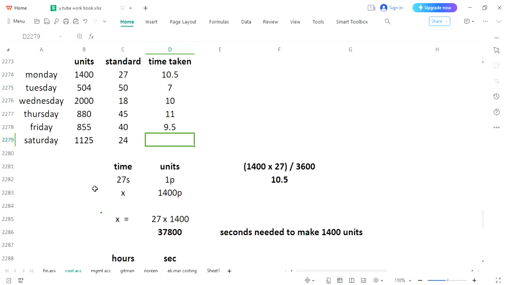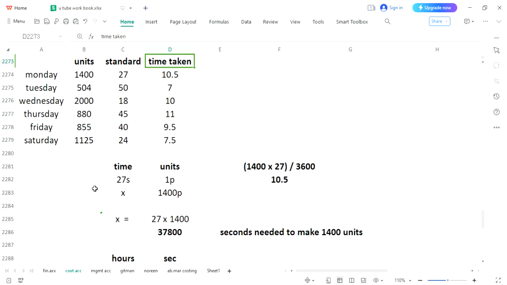Alright, last step, bracket open 1125, it would be multiplied by 24 divided by 3600, which is fixed for every day, to turn seconds into hours.